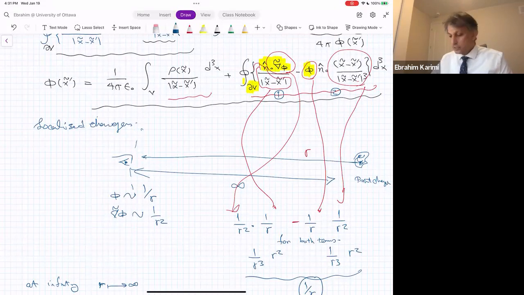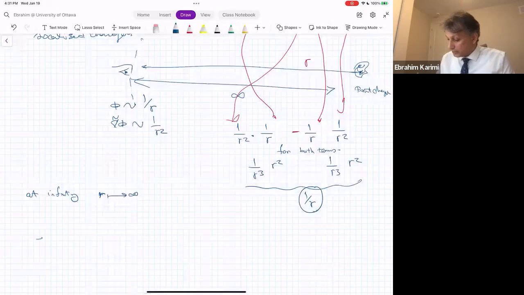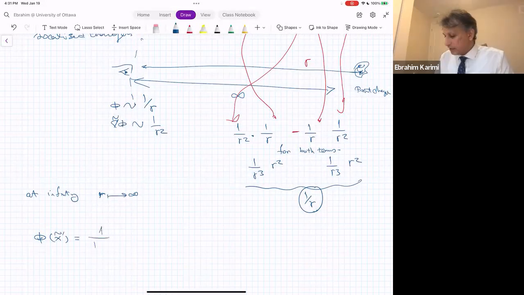Okay? Then what I will get is that phi at x or x prime doesn't matter. I can change the integral now. 1 divided by 4 pi epsilon naught integral of rho of x prime d3 x prime divided by x minus x prime.